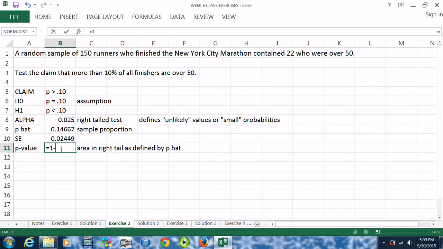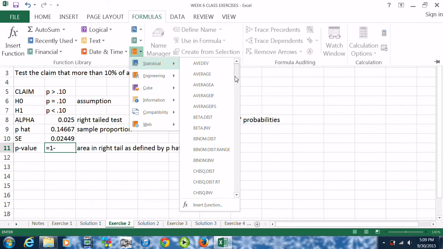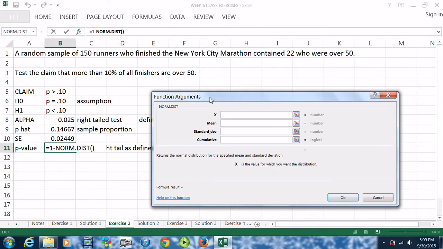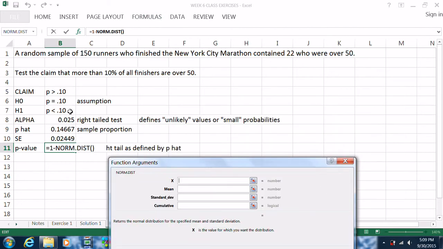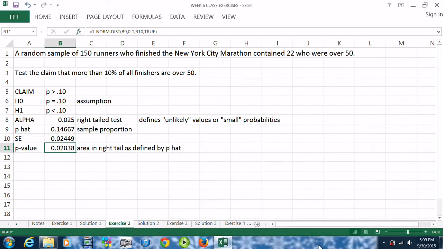So we'll go equals 1 minus, then we go to our formulas, statistical, norm.dist, and x is our P hat, our sample statistic. The mean is the assumption from the null hypothesis, so that's 0.1. The standard deviation is the same thing as the standard error when we're doing these tests. Cumulative is always true.